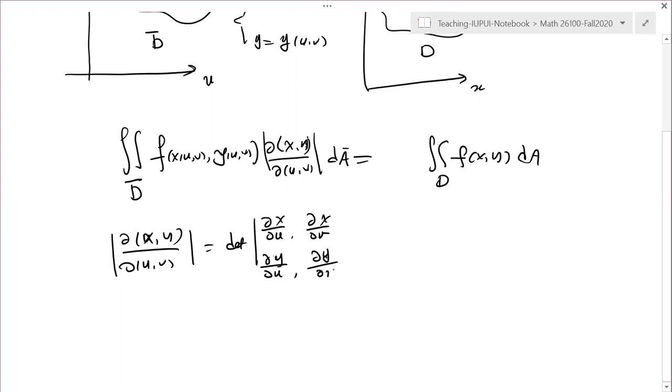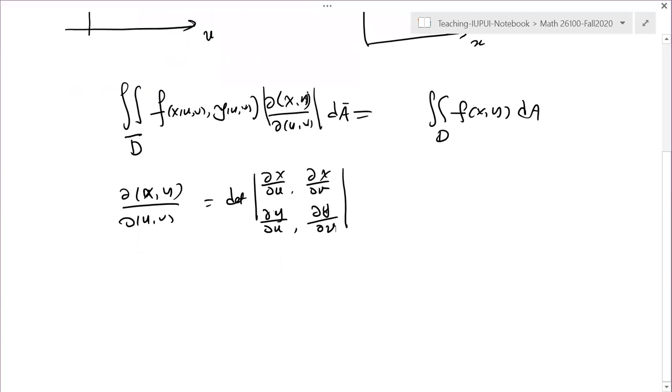You have four partial derivatives, so you get the determinant, and then you take the absolute value of the determinant.